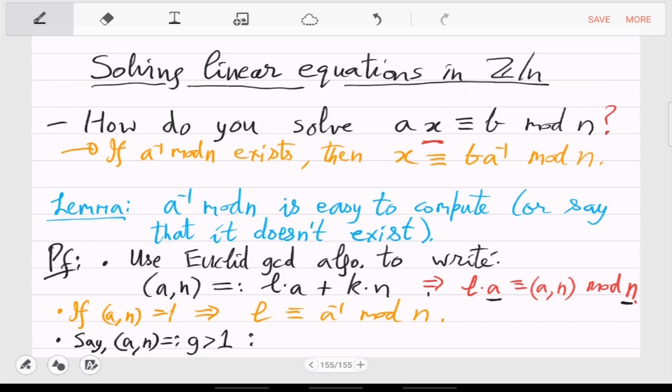You should just divide out this equation by G. So what you get is L times A by G is 1 mod n by G. Fine.